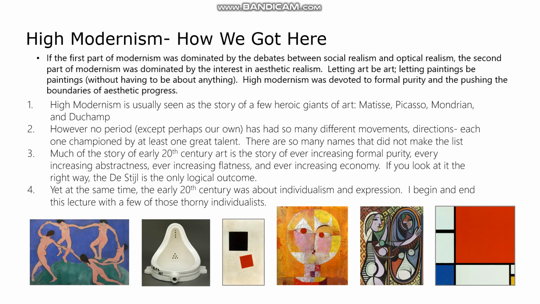This started out as very much a social realist inclination, a desire to really tell the truth about the way human society was and what was really going on. Over time, this shifted towards more of an interest in optical realism, an interest in how we actually see the world, the physical way we see the world, and how the way we see is different from the way we think we see.